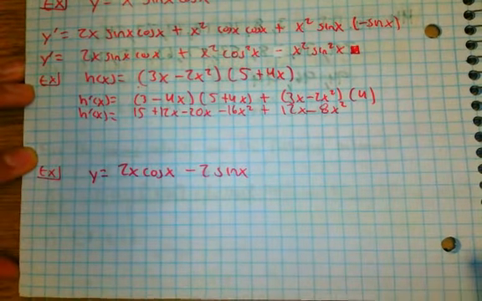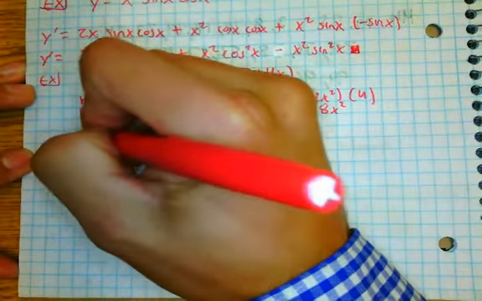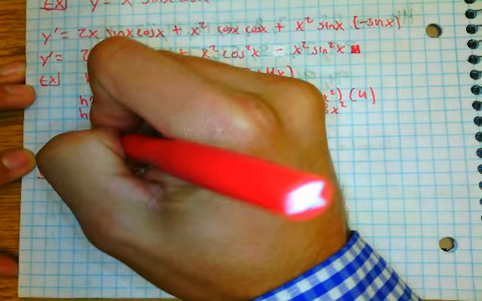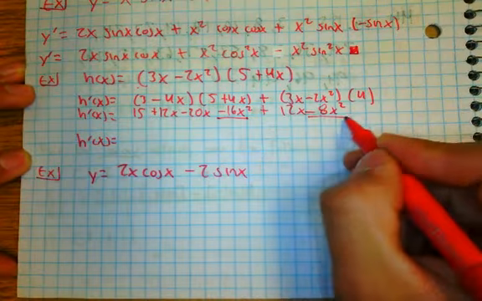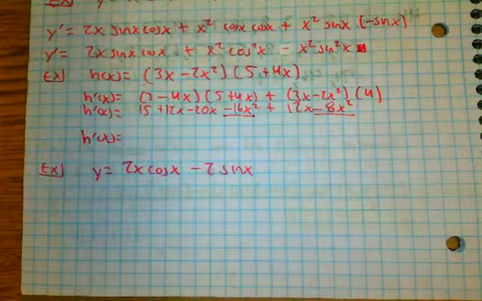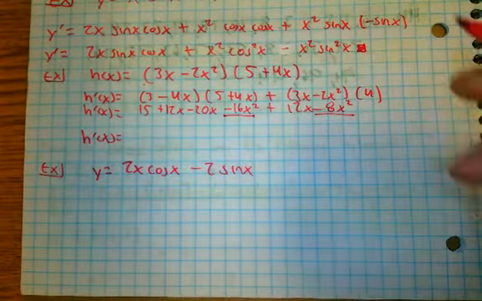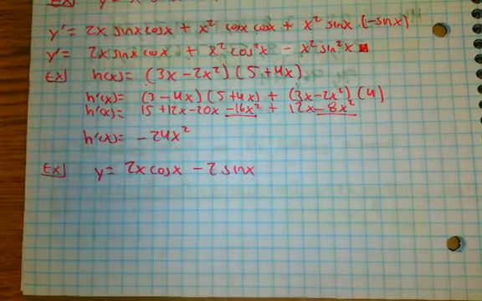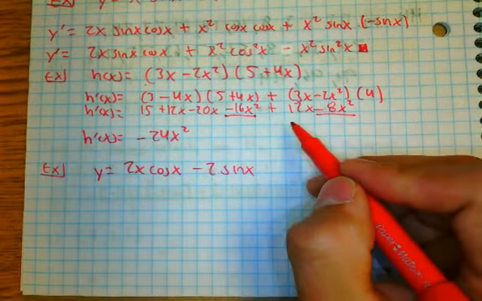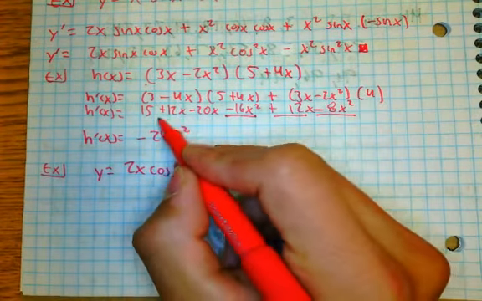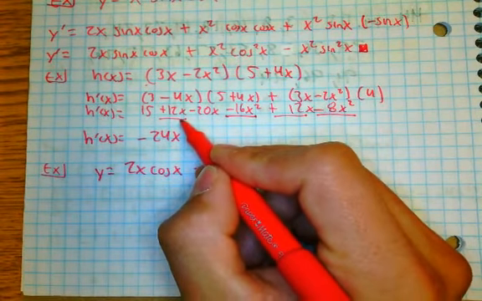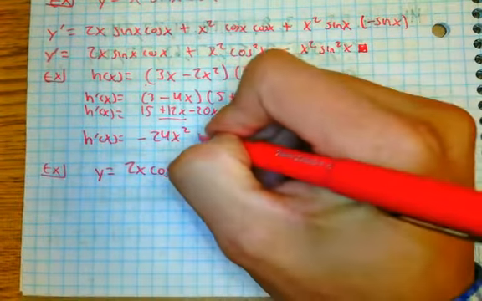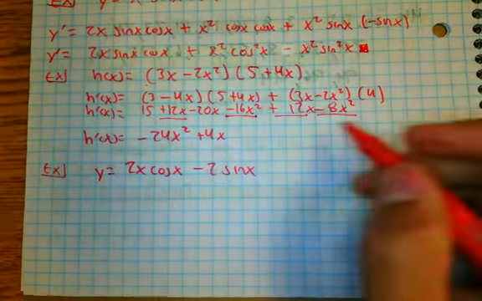And finally, I'm just going to combine like terms: negative 16x squared and a negative 8x squared, which becomes negative 24x squared. I have a 12x and another 12x, so that's 24x minus 20x, that stays as a 4x, and lastly plus 15, and that would be my final answer.